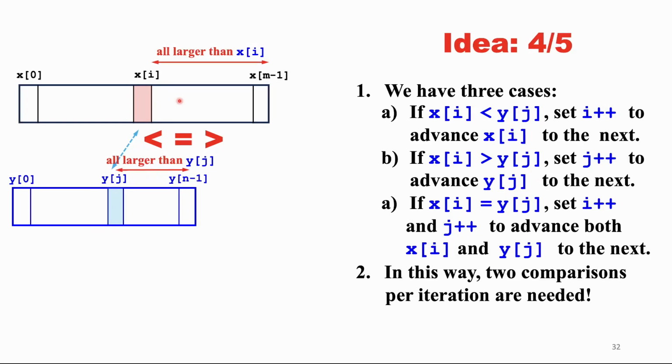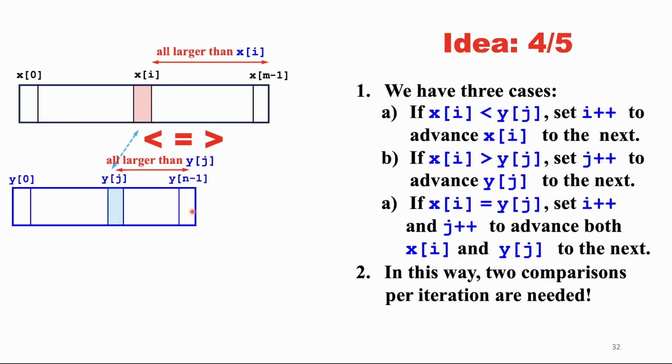Hopefully, we could find it being equal to yj. If xi is greater than yj, yj couldn't be here, so increase j, so that I hope yj plus 1 is xi. Now, if both are equal, then we move to the next section from i++ to m minus 1 and j++ to n minus 1.